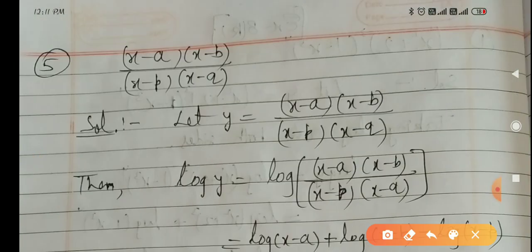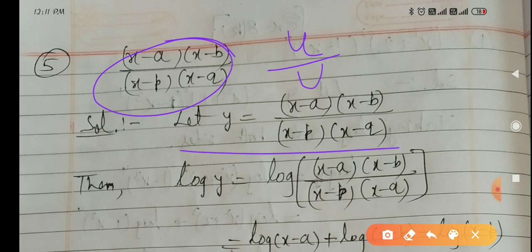Question number 5, you can see this is u upon v form, and here u is the product of two expressions, v is the product of two expressions. So first of all I have taken the given expression as y. Now take log y equals log of the given expression.